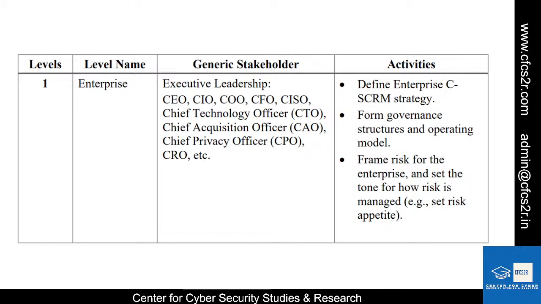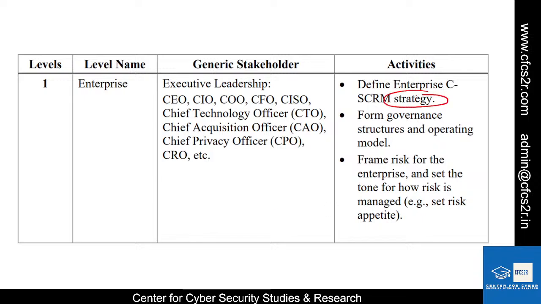These are the people who are the main heads of certain organizational departments and are usually part of this enterprise level 1. What are the dedicated responsibilities? The dedicated responsibilities include defining the enterprise C-SCRM strategy. So what are the strategies you are building?